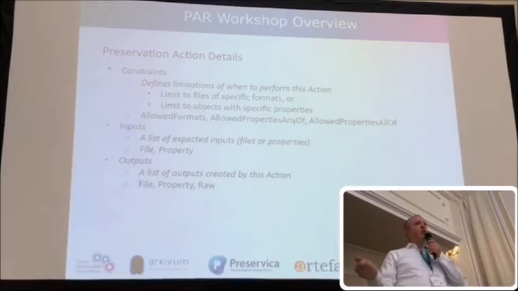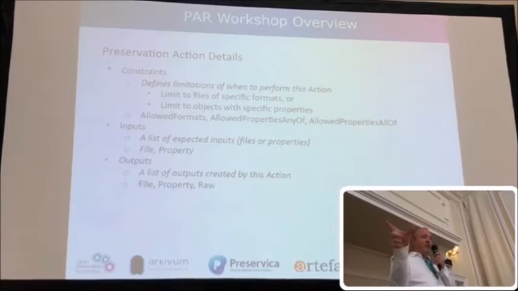But a second input could be a property, which could be the checksum itself. So this is the checksum I want to validate. Depending on the tool you're using, some tools expect you to pass in those checksums in a manifest. So the input is another file, not just the checksum property. You could define your preservation action so that it has two input files: one is the content to check, and the other is a manifest of checksums.